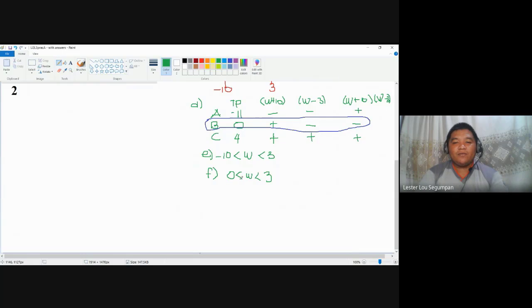Why? Because if we talk about w being equal to 0, imagine a rectangular plot where the width is equal to 0. That will not become a rectangular plot, that will just simply be a line. Here is the length and there is the width. Therefore it cannot also be equal to 0.